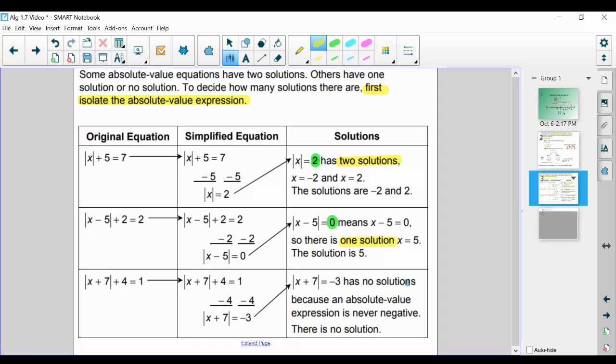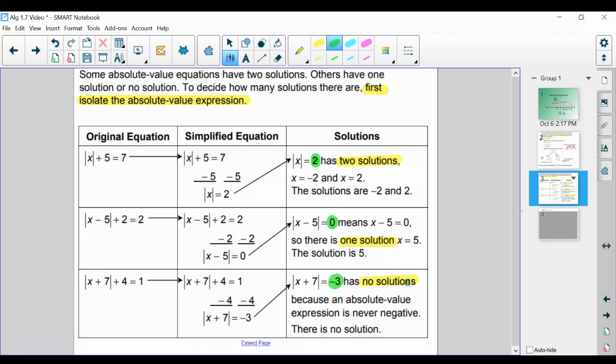It doesn't exist. It's like if I asked you to drive 3 miles, you could do that. If I asked you to drive negative 3 miles, you'd be like, what? I can't do that, because we can't go a negative distance. So since we have the absolute value isolated and it's equal to a negative, this is going to be no solution, because an absolute value expression can never be equal to a negative number.